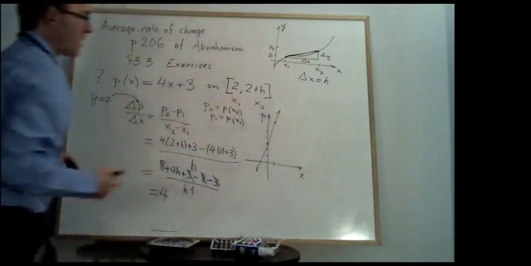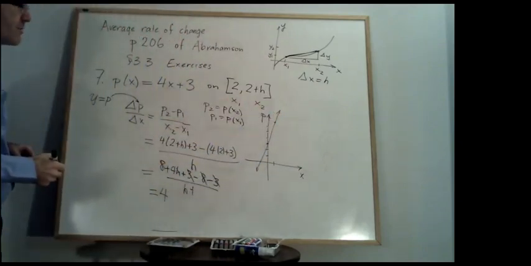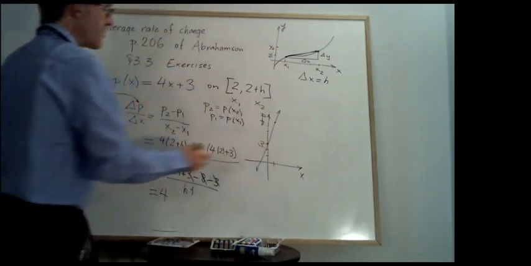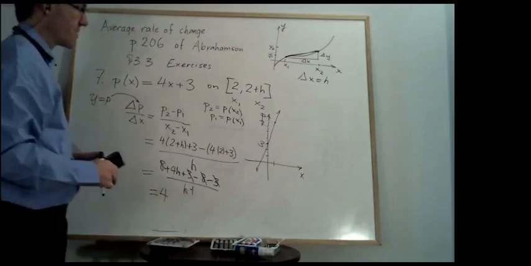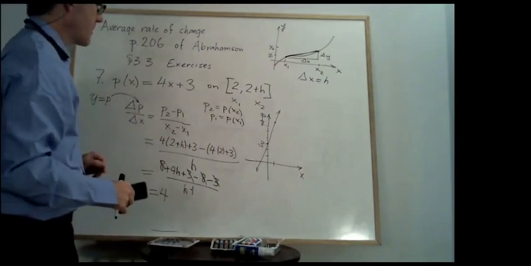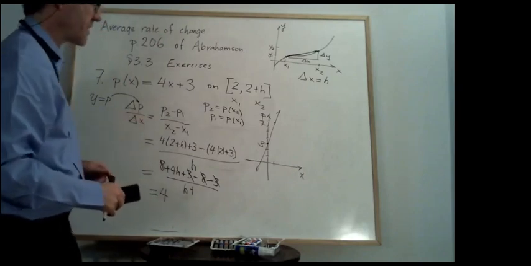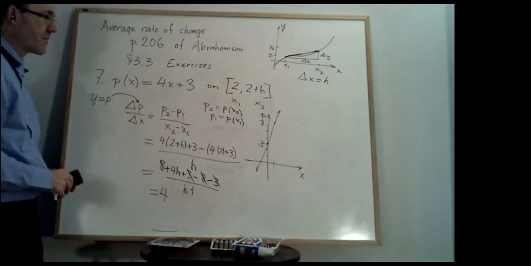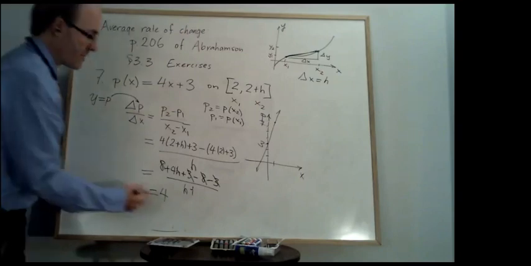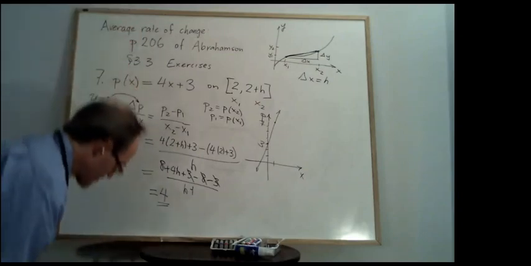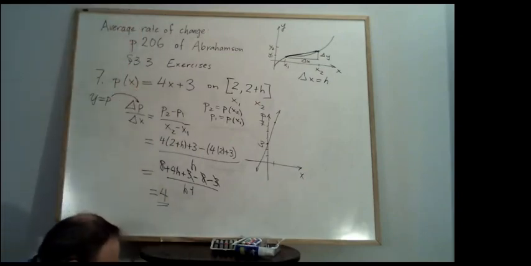So I'm just replacing p by y, or y by p. The slope of the line is constant because it's a straight line, and it's 4. And so that's what this will tell us in the case of a straight line. So that's consistent with the notion that the average rate of change is in some sense the generalization of the slope of a straight line.